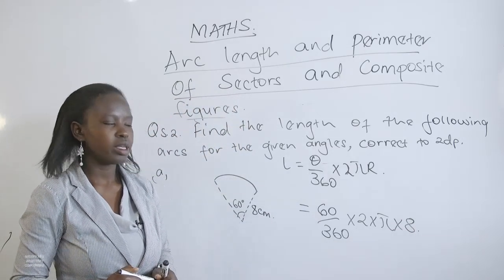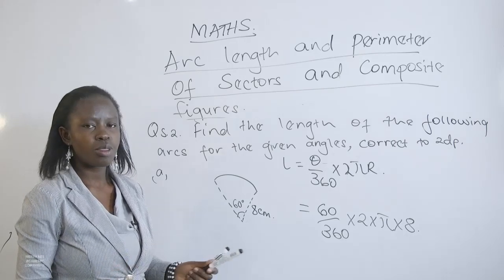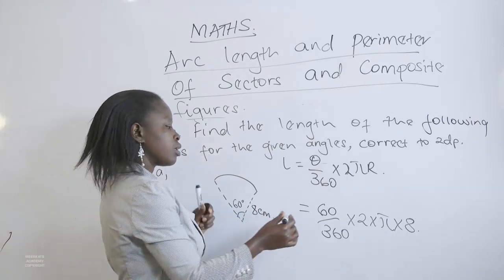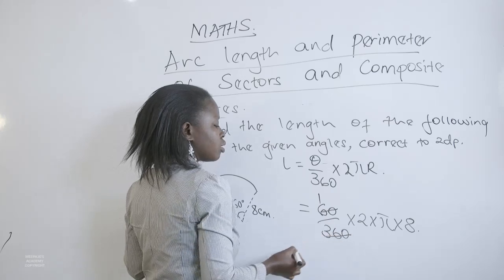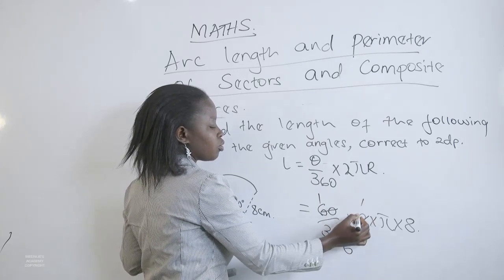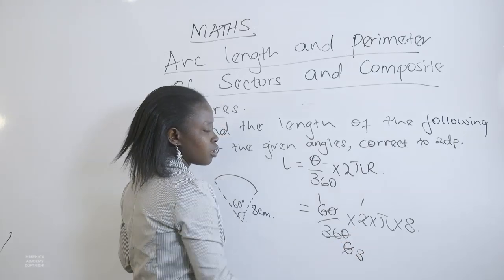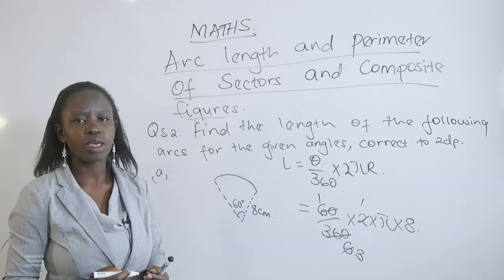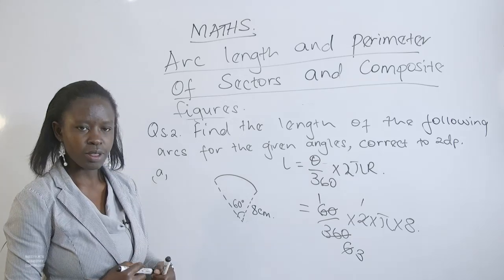Because our radius is 8 centimeters. From there we can simplify. 60 into 60 once, into 360, we have 6. 2 into 2 once, 2 into 6, 3. So we are left with 8 pi divided by 3.